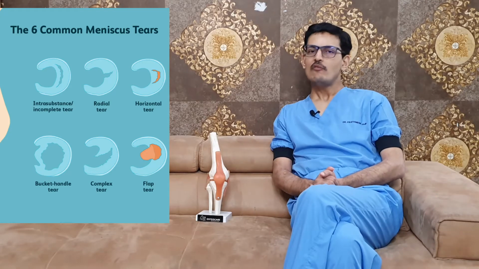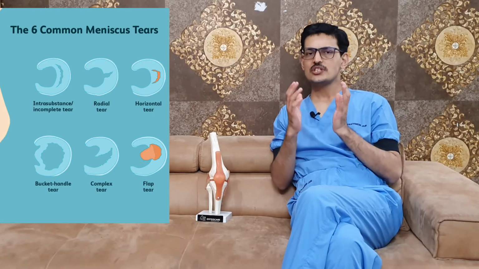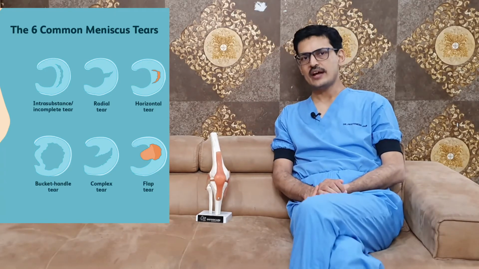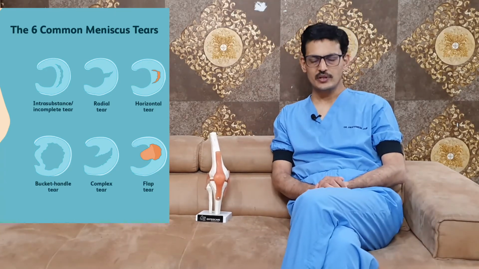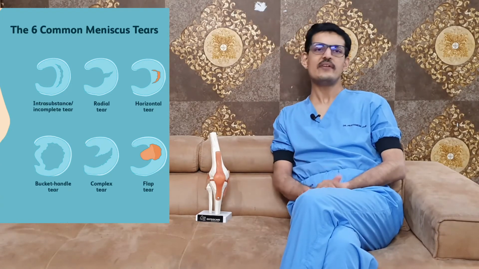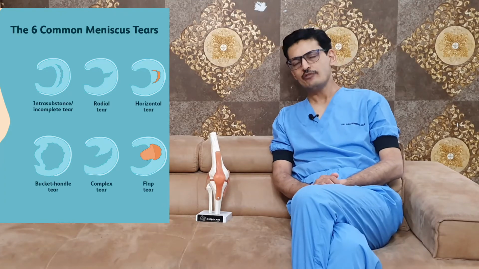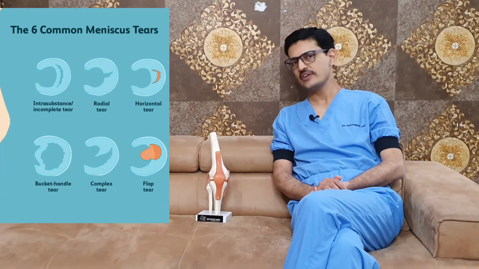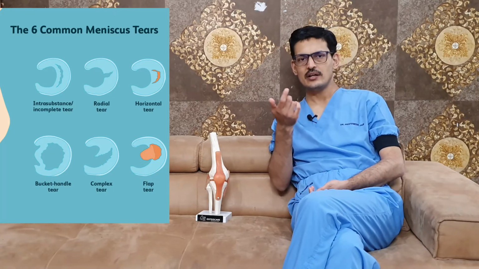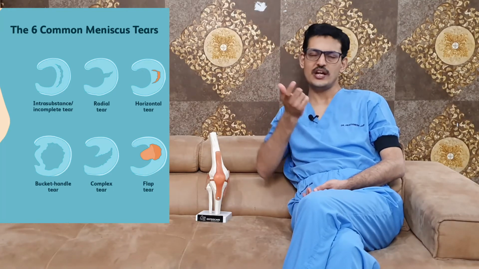Now I would like to just summarize different brands of meniscus repair devices that are available in the market. The prototype and the oldest suture repair device is from Smith & Nephew, and that is called the Fast Fix brand. It comes in three patterns: a reverse curved, a curved and a straight one.